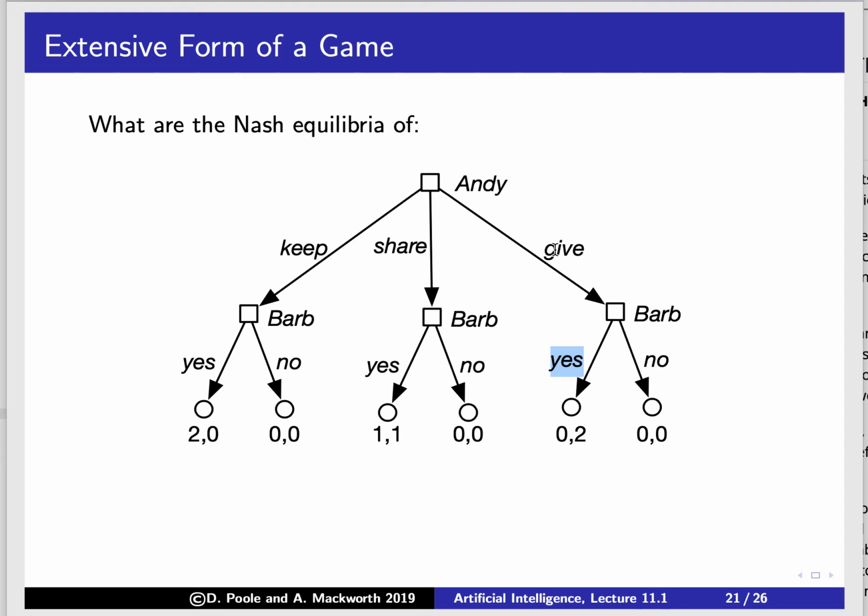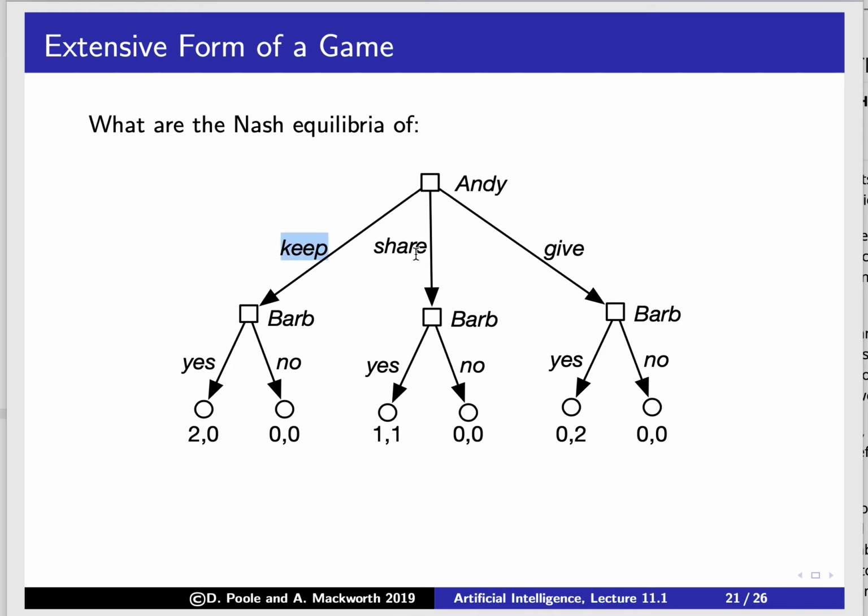Similarly, if Andy is going to give, then it's going to be this. So if you have any non-zero probability here, then it's better for Barb to say yes to here, so Andy is going to be better off to do this as long as Barb says no here. If Barb says yes here, it's in Andy's job to keep sharing.